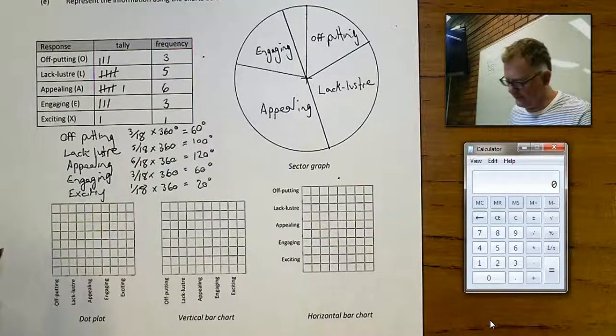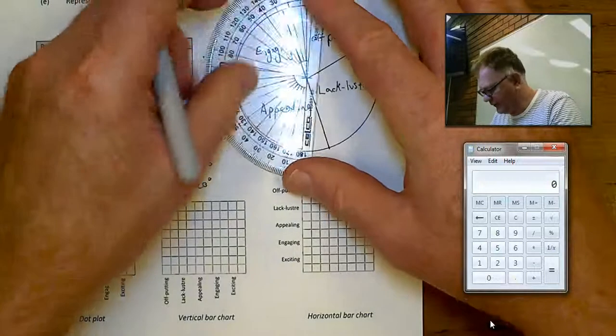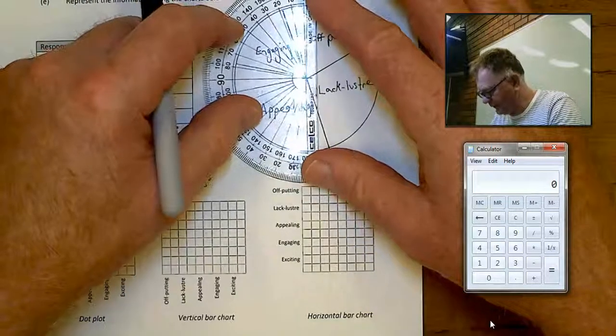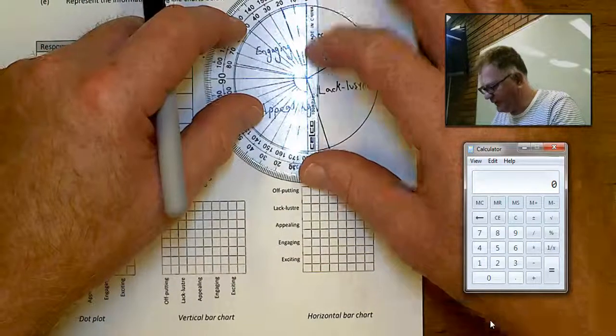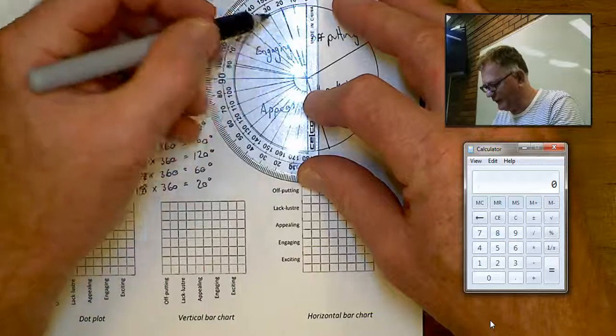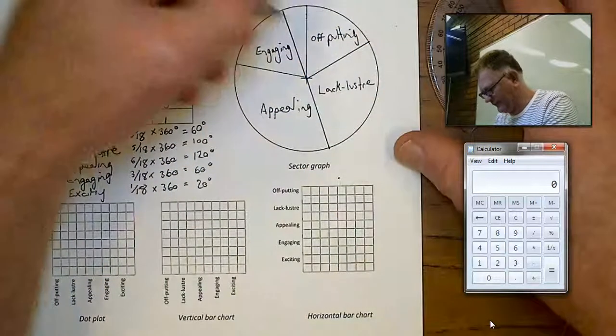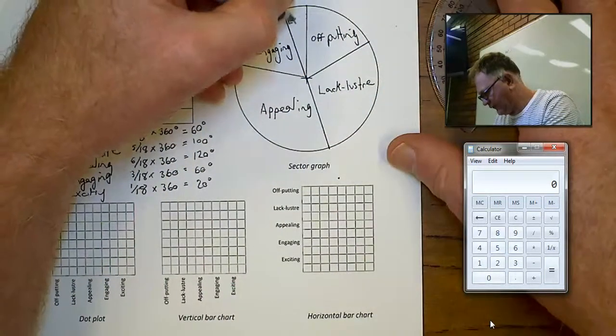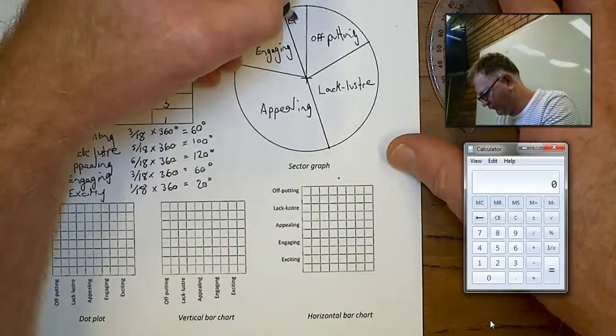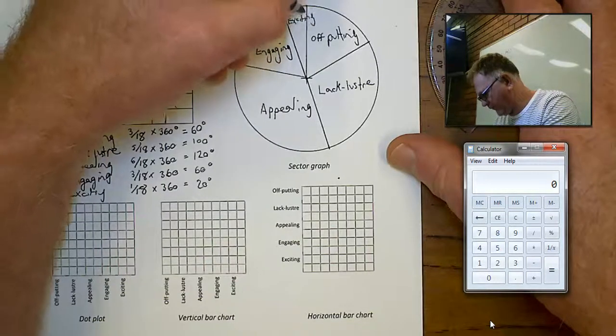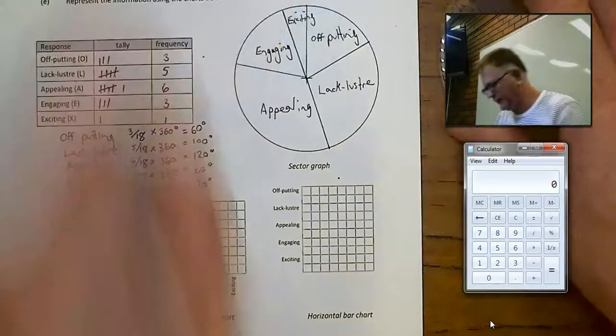And the last bit, exciting, should be 20 degrees. Well, we can check that by putting this here on the centre, and I think you can see from 0 around there is 20 degrees. Exciting.